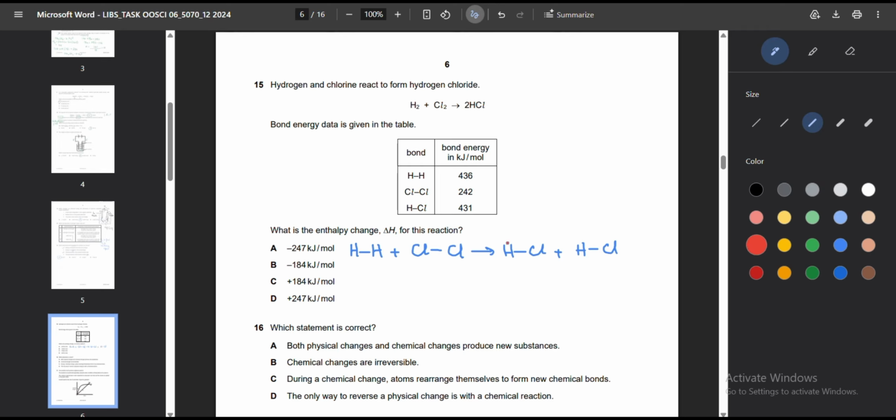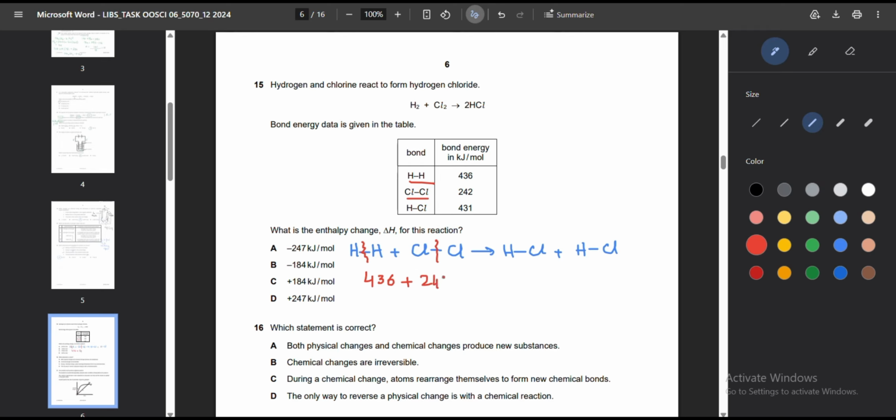So the bond between the hydrogens and the bond between the chlorines are going to break. What is the bond energy of the hydrogen bond? It is 436, and for chlorine it is 242.